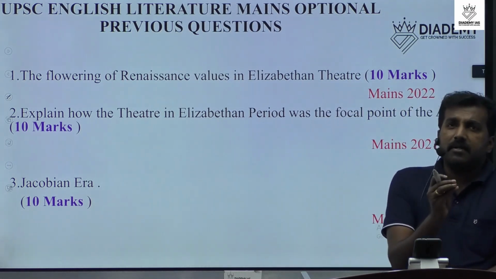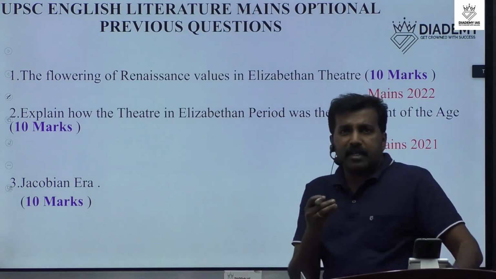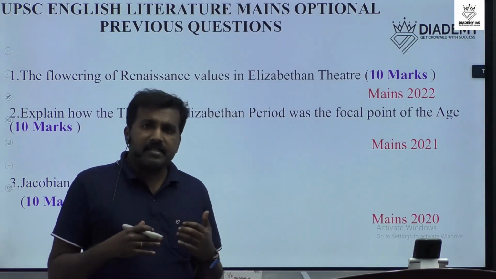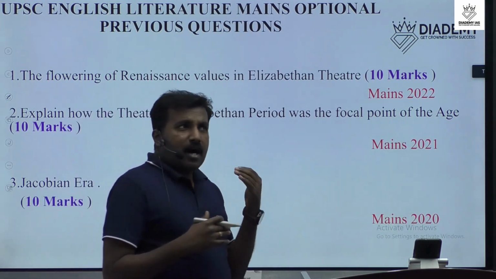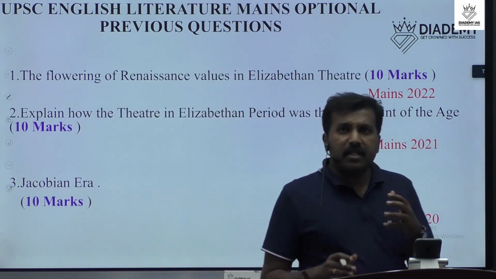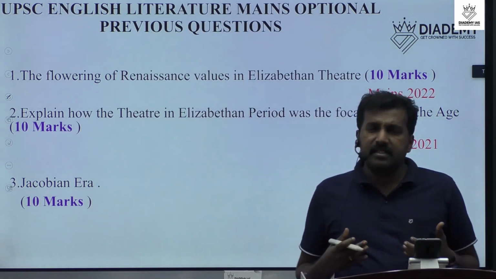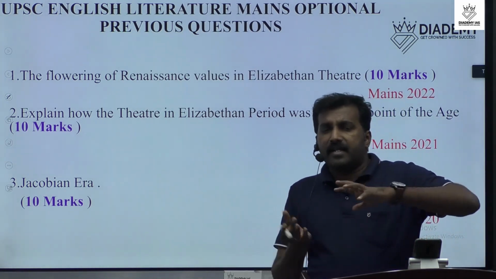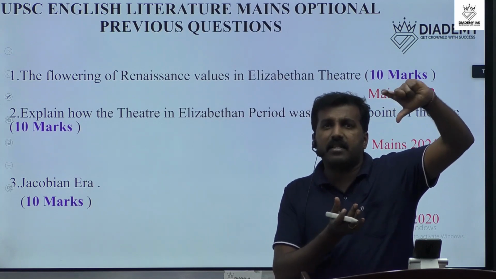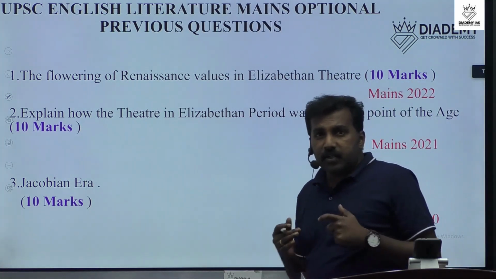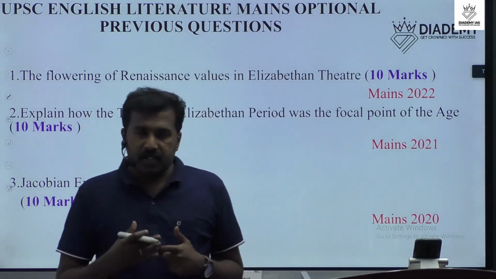That's the strategy we normally follow to cover the optional paper. After each topic, you feel confident about how to write the answer relating to that particular topic. That is the strategy we normally use in optional preparation.